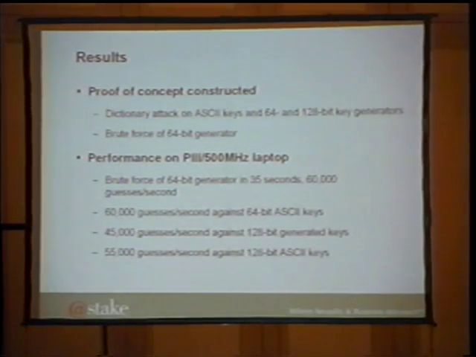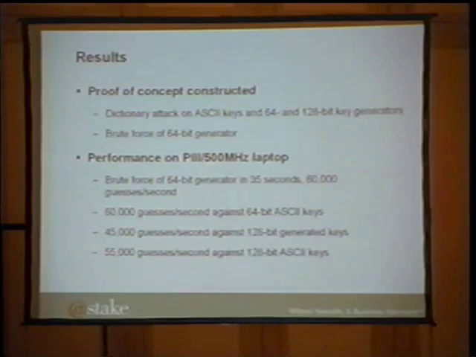So what are the results of this construction of this program? Well, I made the program. It exists. It performs dictionary attacks on ASCII keys, keys that were directly set as ASCII, or against keys that were generated using the 64 and 128-bit generators.